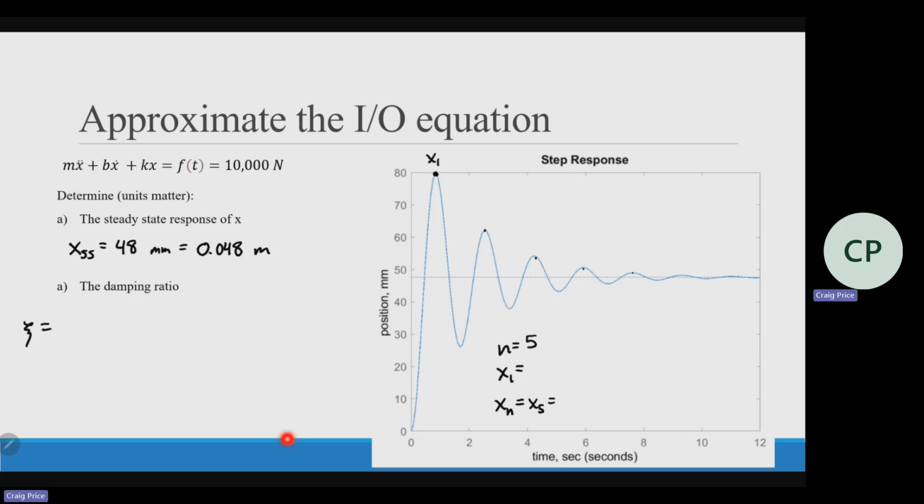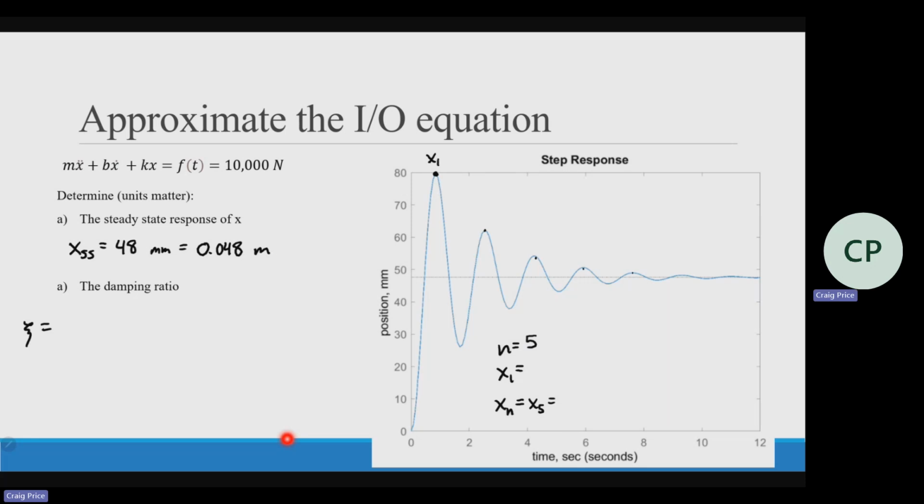So then we want to find these peaks. Remember, the peaks, so these X values that we use for the log decrement formula, are not the absolute value. They are with reference to the steady state value. If you do not do that, your damping ratio is going to be way off, and it's just not going to work. So what would you say X1 is?